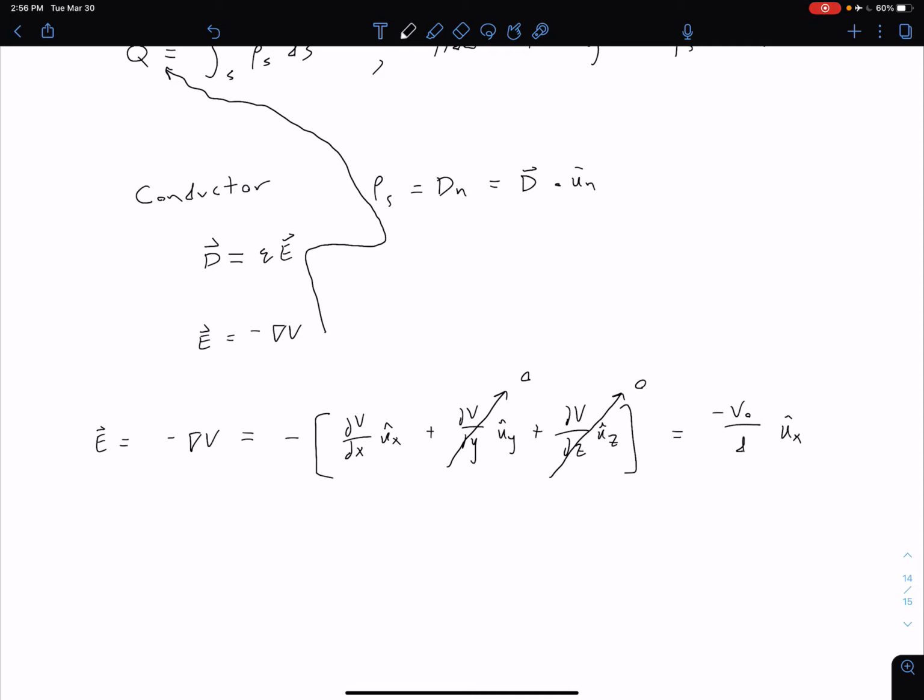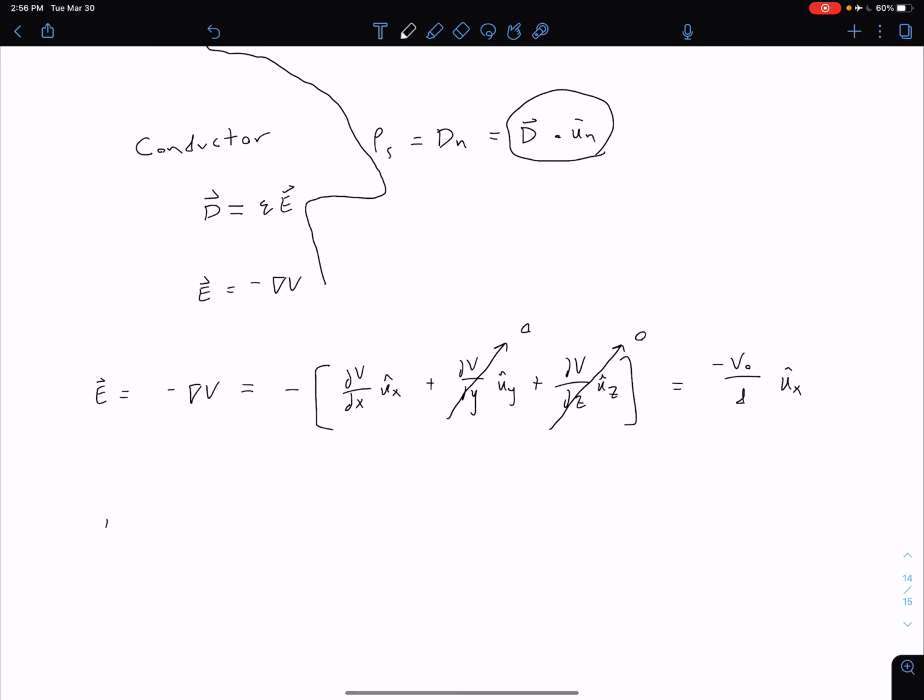Okay, so now we want to consider our lower and upper plates separately when we do this expression to get our rho s. First, let's take a look at our lower plate. Again, I'm going to combine these two steps, going from E to rho s directly. I can say my rho s is equal to epsilon times my E, which was negative V naught over D in the x direction, and I want to dot that with the unit normal.